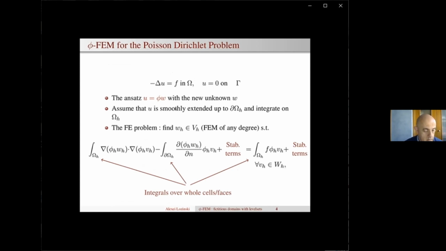With this, we can forget about the boundary conditions on gamma and set up the weak formulation on the extended domain omega h. So this formulation is not good in the PDE world, but with appropriate stabilization terms, it provides indeed a valid finite element scheme.